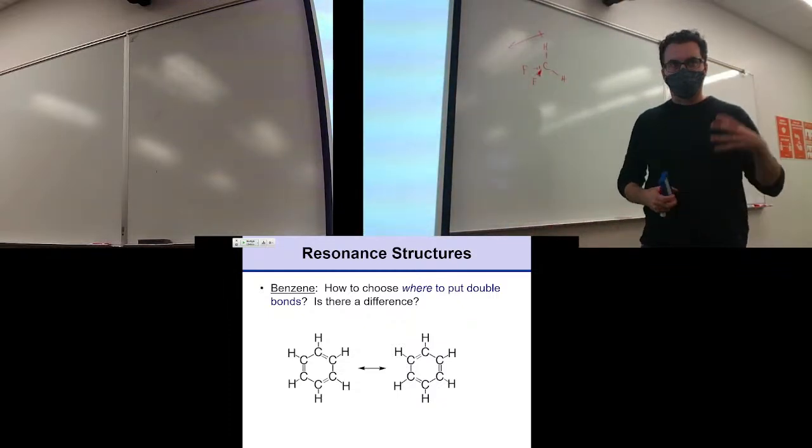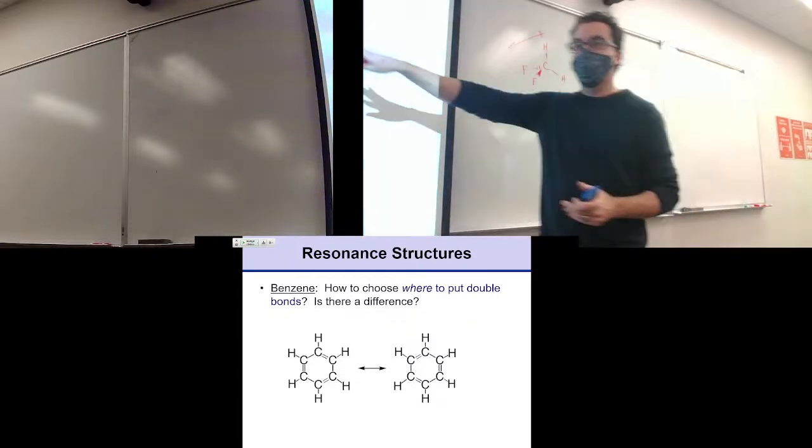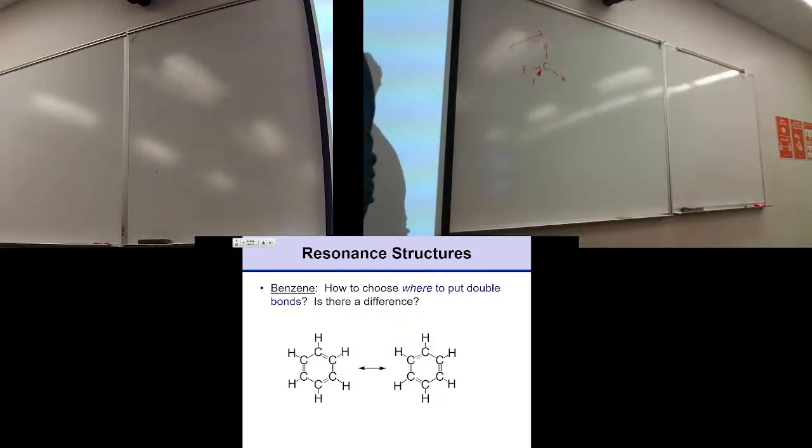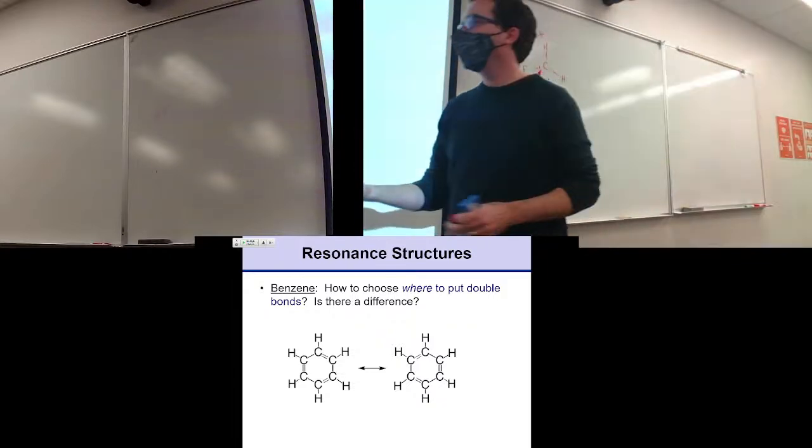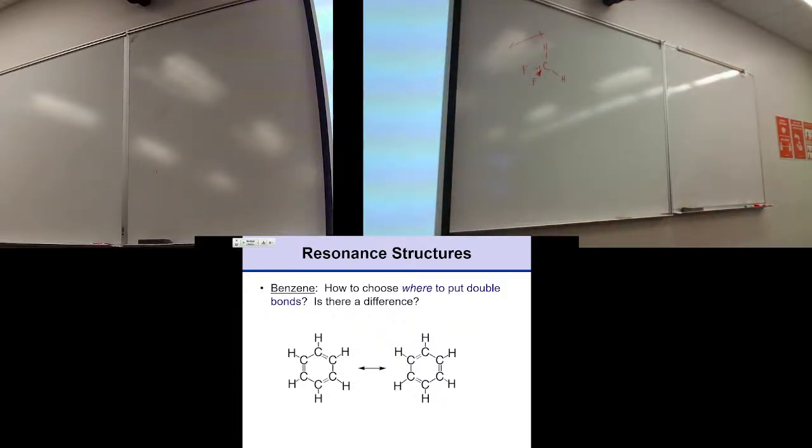And you might say, oh, they're the same if I rotate them. But even if I do an experiment where I make a benzene in which all of the carbons are the isotope carbon 12, and one of them is carbon 13, so I know which one's which. Or maybe I put 2 carbon 13s.